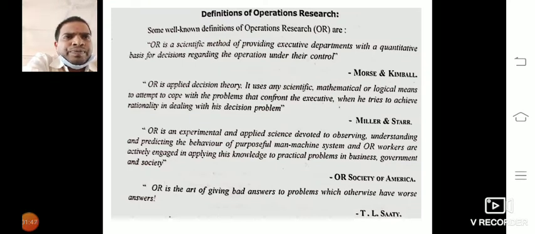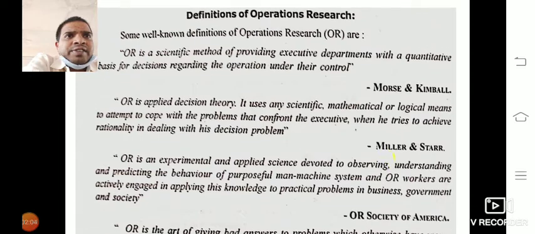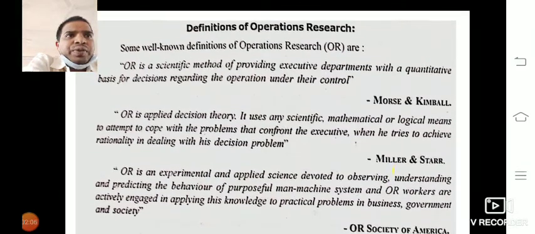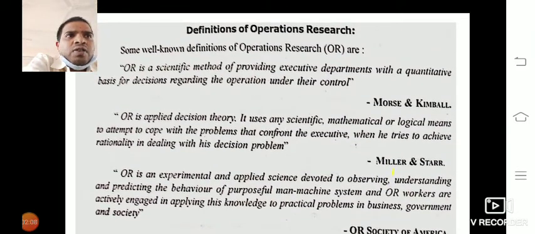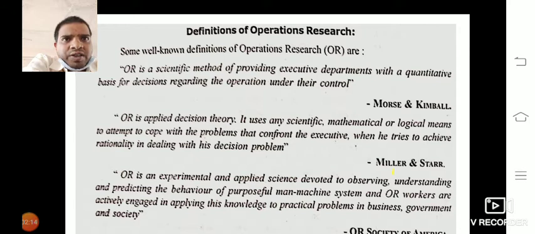In these slides, different scientists proposed different definitions regarding operations research. The first scientist, Morse, said OR is the scientific method of providing the executive departments with a quantitative basis for decisions regarding the operations under their control.